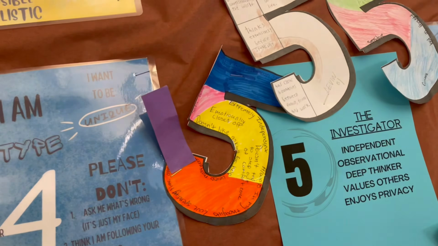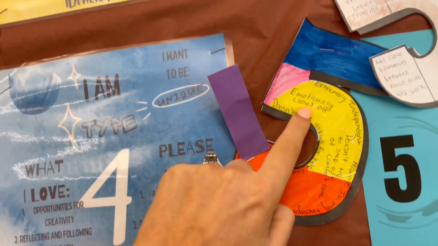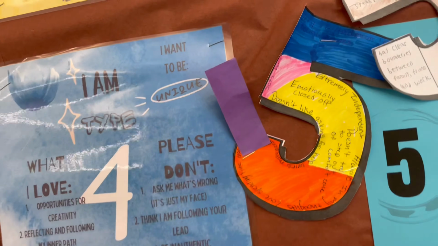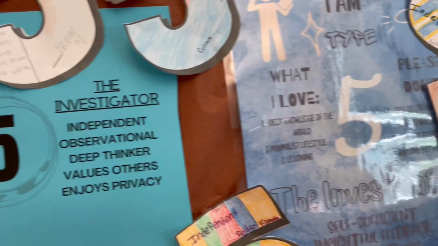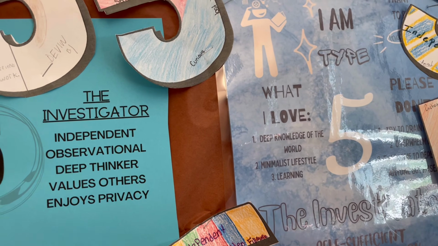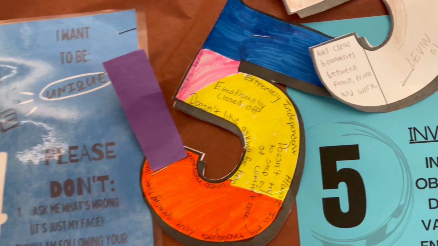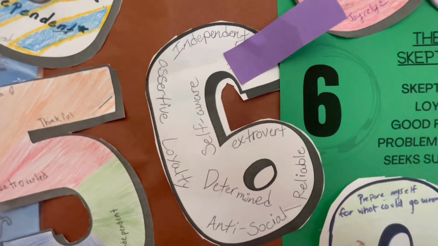As far as I'm concerned, if you don't want to color, that is part of your personality type, and that's okay. What I do ask is that you put at least 2 characteristics from your personality type that you feel best represent you and your personality so that your classmates can see on your number.